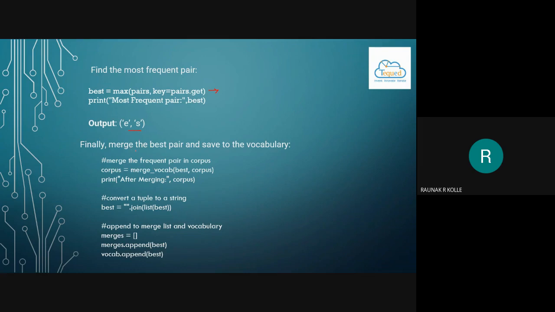Finally, merging the best pair into the saved vocabulary, we merge the best pair into the corpus and print it after merging. We then convert the tuple into a string and append it to the list and the vocabulary.